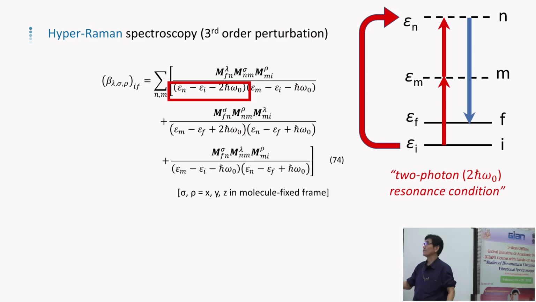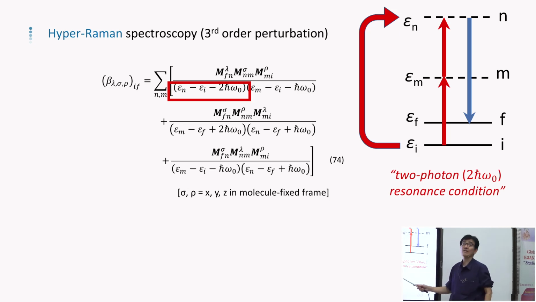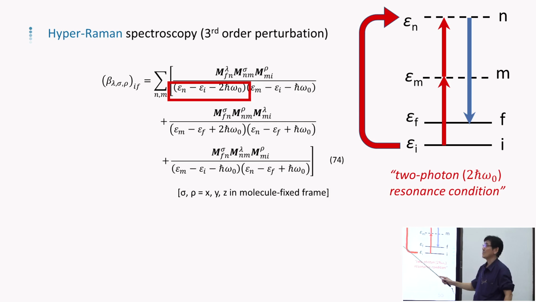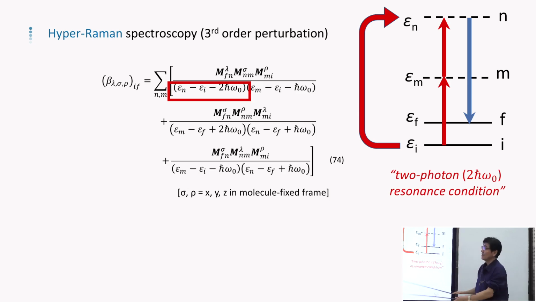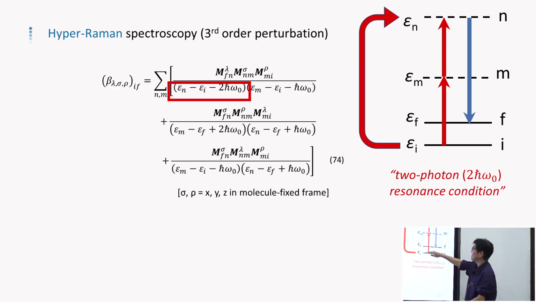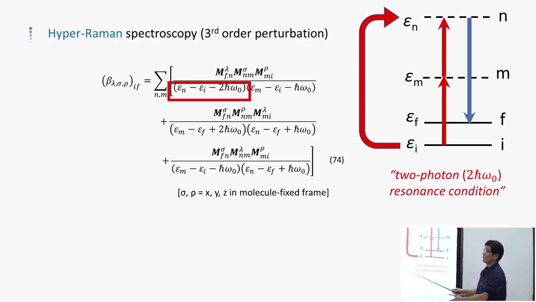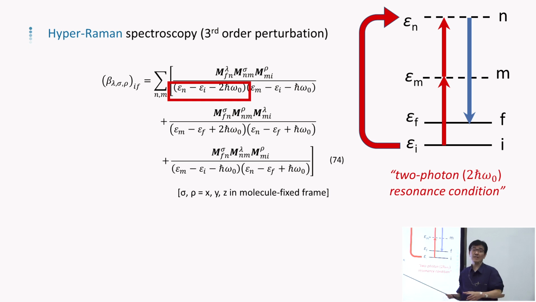The resonance condition is a little bit different from Raman scattering because it consists of two terms. When twice the excitation energy matches the energy spacing between I and N, initial and N state, two-photon resonance reaches the real state. Then Hyper-Raman scattering becomes huge.